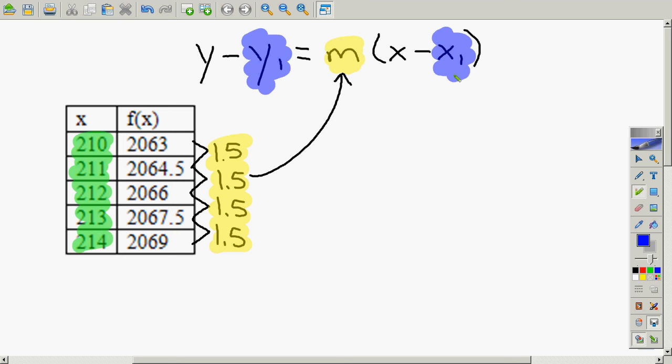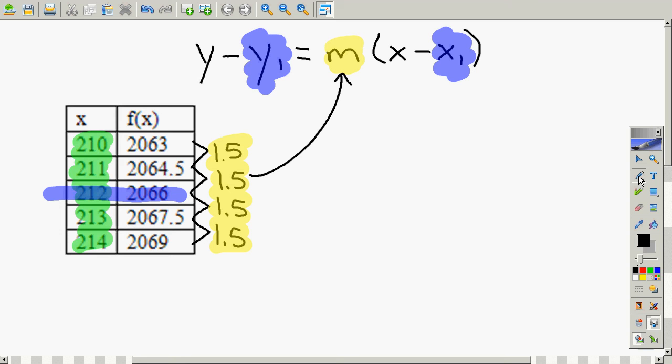For example, let's say we pick this one right here, the 212 and the 2066. You can just plug that point into this formula, and what you're really doing is a shift. You're moving the table back, but you're doing it in the function.